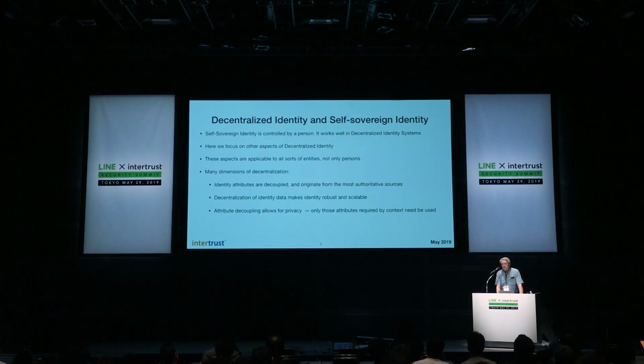And also, attribute decoupling can allow for privacy, and privacy is something that's slowly slipping away, and we do believe that we can improve in that dimension as well.